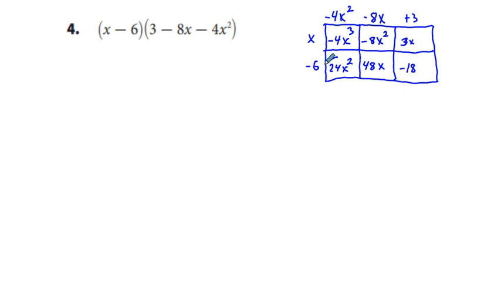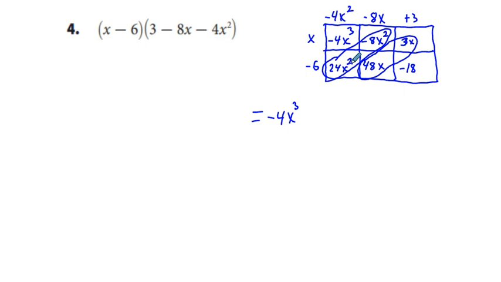And now we have our like terms, which are the x squareds here and these x's here. We add these together. Rewriting these polynomials out in standard form really helps us to get this good patterning. So our answer is going to be negative 4x cubed.